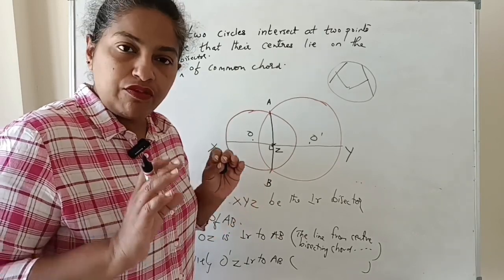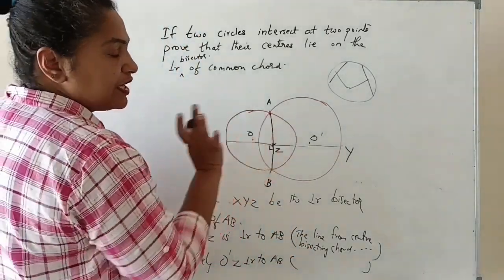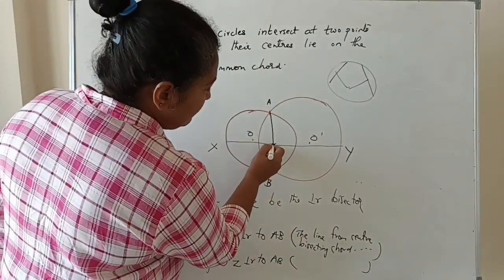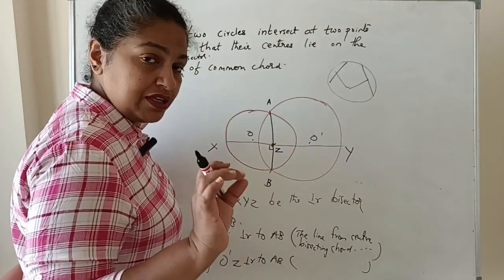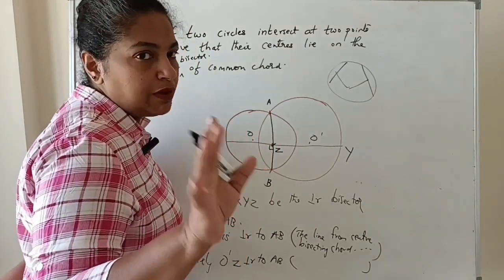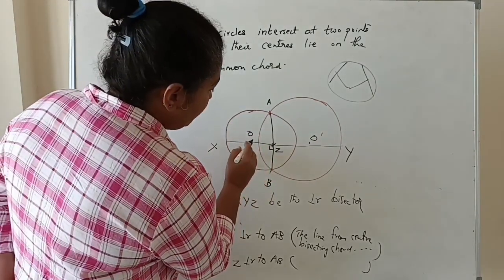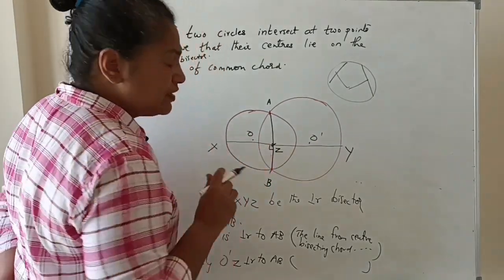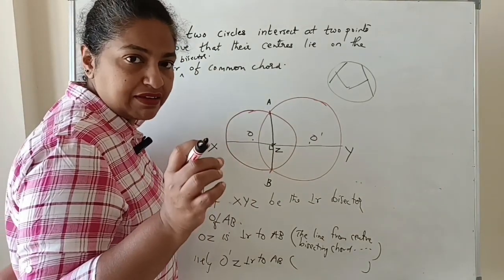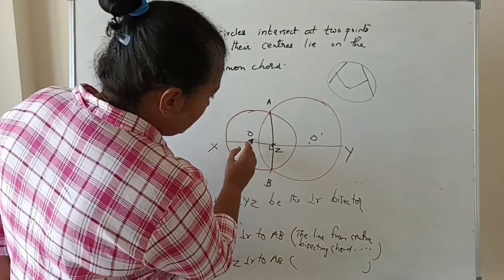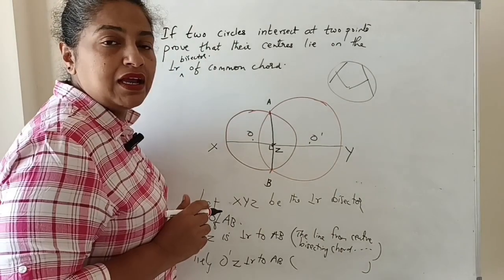Now, let us see what we can find out from this. O and O dash are the centers. Since Z is the point of bisection, it will not change for a line. There is only one point where you can bisect the line. So if I draw a line from O to Z, the point where it is bisected, it should be at a 90 degree angle to AB.